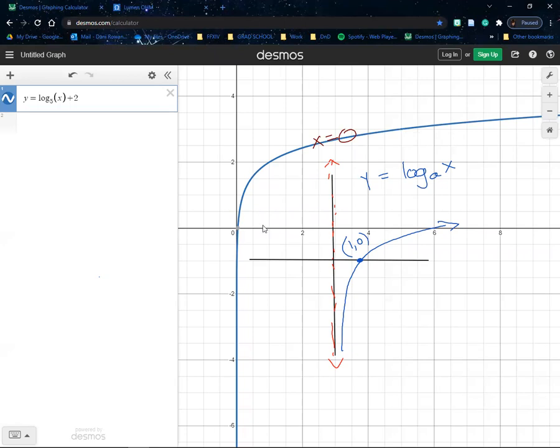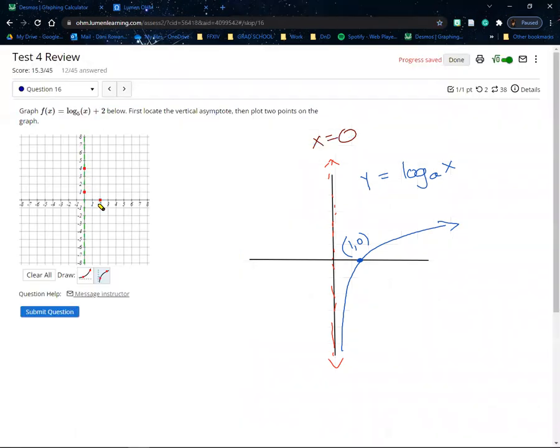Okay. So 1, 2, 5, 3. Going back to this. 1, 2. Oh, it did it again. Okay, so again, asymptote first. And then 1, 2. Man, I've had a couple issues with this, guys.